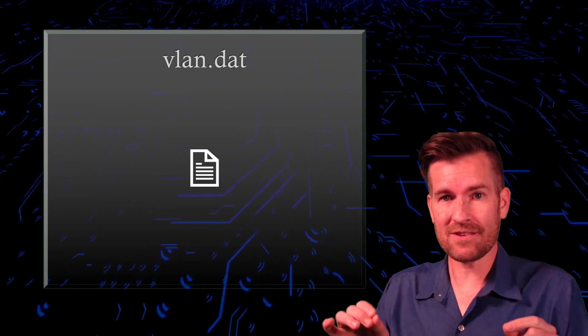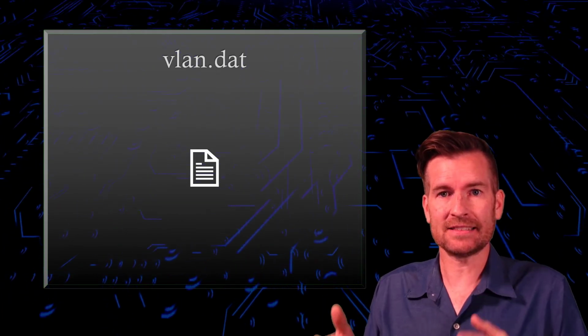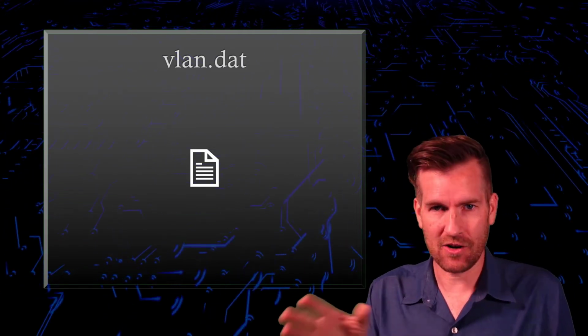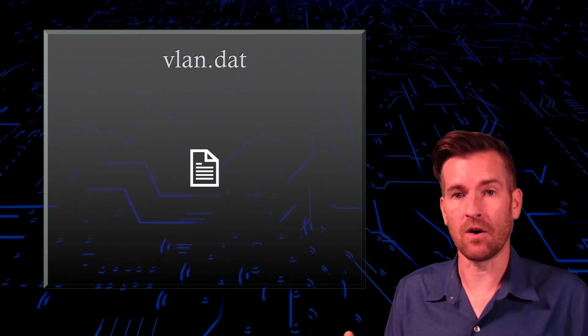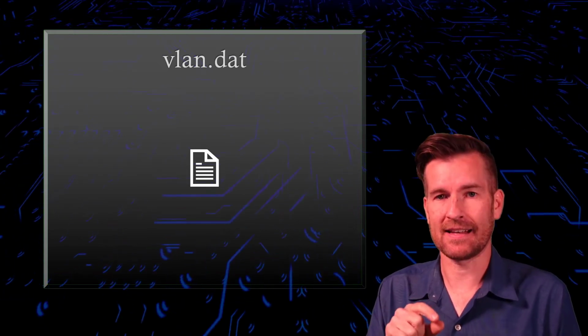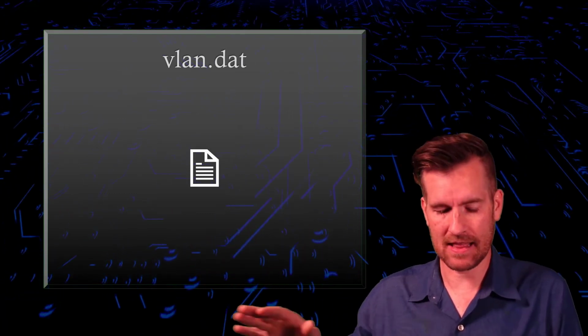So I've already mentioned in prior videos this VLAN.dat. It's a file that stores the VLAN information. And we'll see a scenario here in a couple minutes in this video where some information doesn't actually get onto the VLAN.dat, but that's for certain higher extended VLANs that we have.